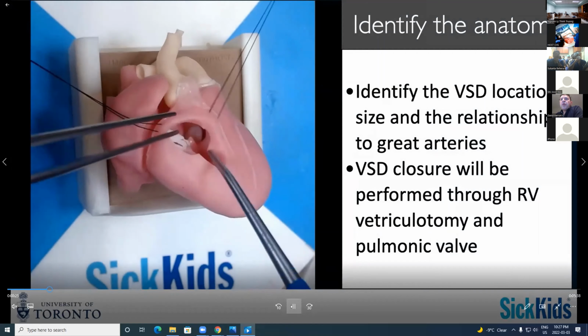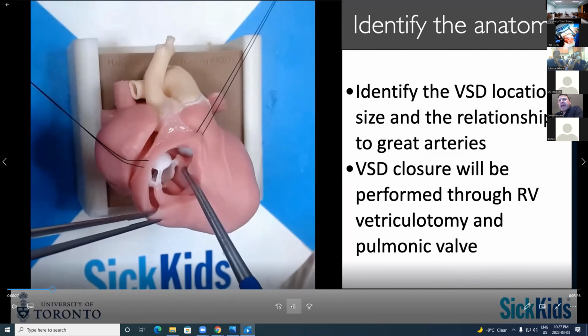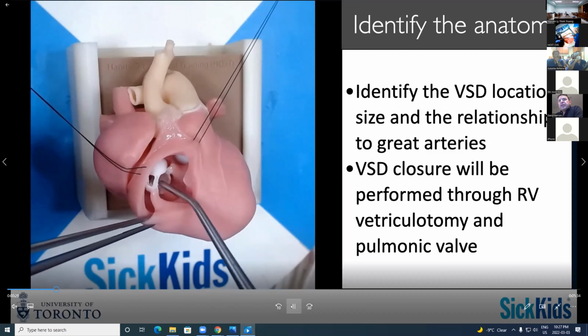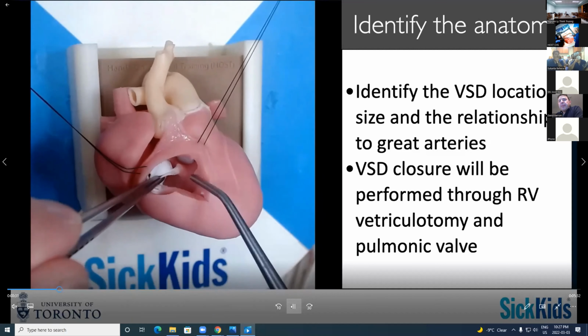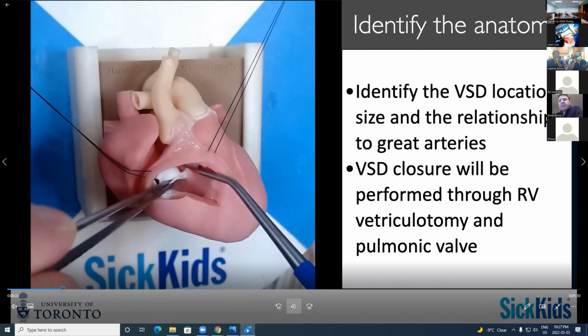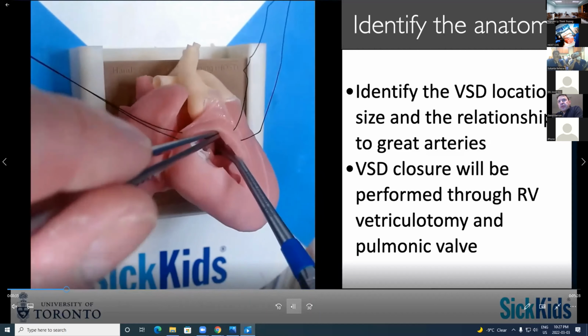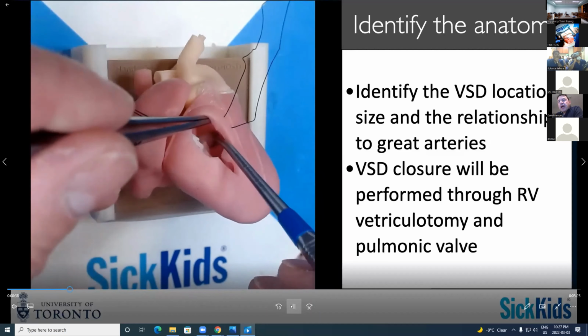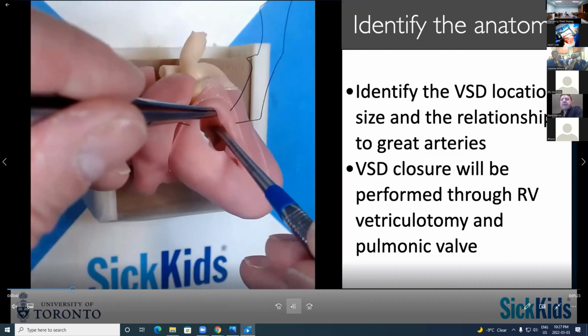So again, as before, when the aorta is very anterior like this, it's usually much easier to repair it through a right ventriculotomy than trying to work through the tricuspid valve and trying to see up here to a very anterior aorta.